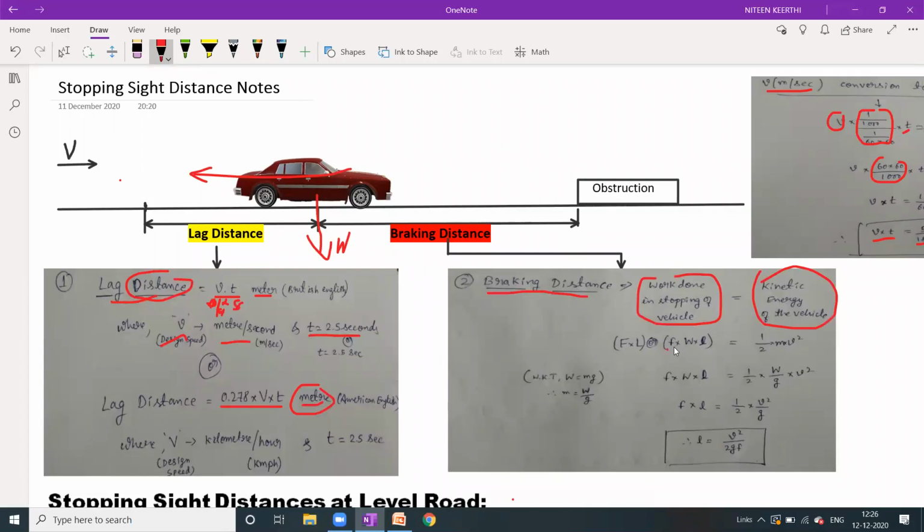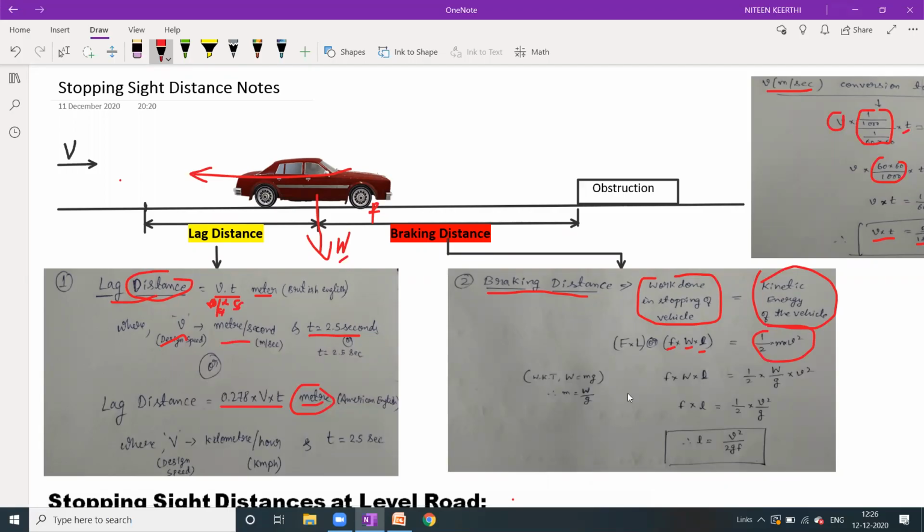That is friction, small f, between the vehicle tire and road surface, times W, the weight, and L, which is the braking distance. So this completely is the work done in stopping the vehicle. Next, what is kinetic energy? You know this, right? Half m v square. So work done in stopping a vehicle is equal to the kinetic energy of the vehicle.